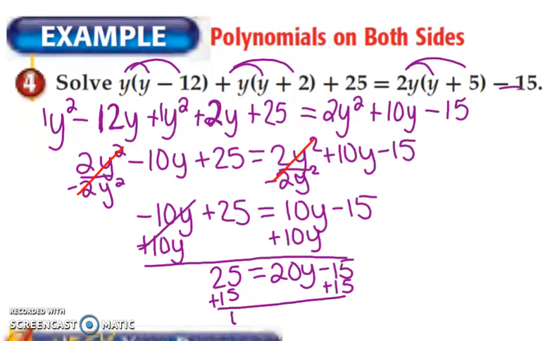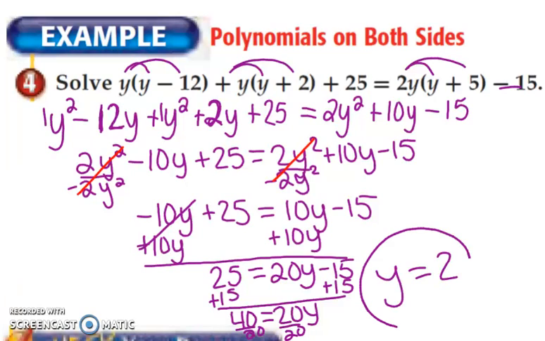That gives me 40 equals 20y. And dividing by 20 tells me that y equals 2. So all that work for the answer of y equals 2. Hope you got a lot of notebook space.